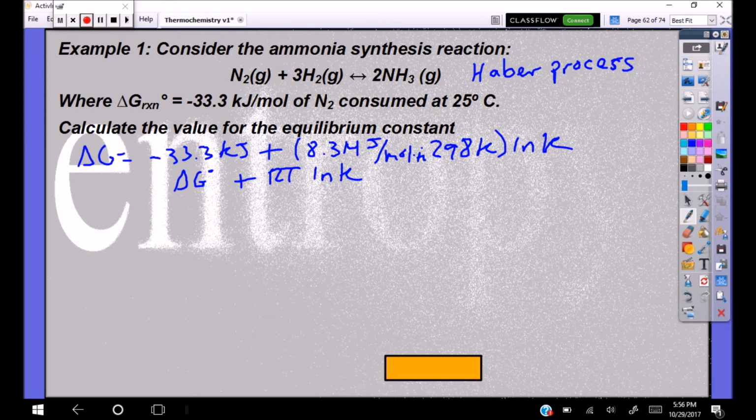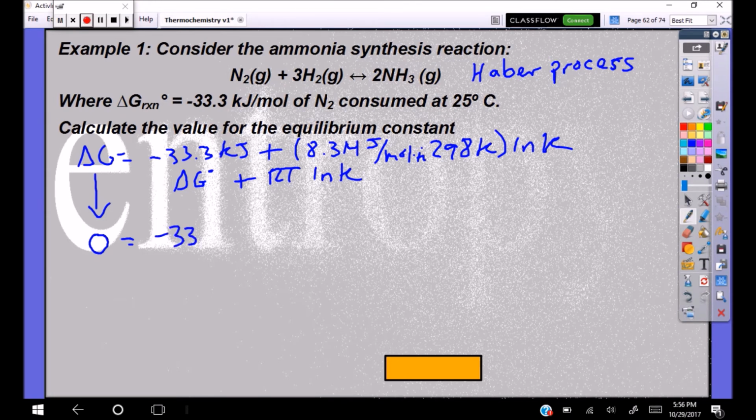What are we trying to calculate? We're trying to calculate the equilibrium constant. If we're calculating an equilibrium constant, what does delta G equal? Delta G equals 0. So we really have this bit of information here.